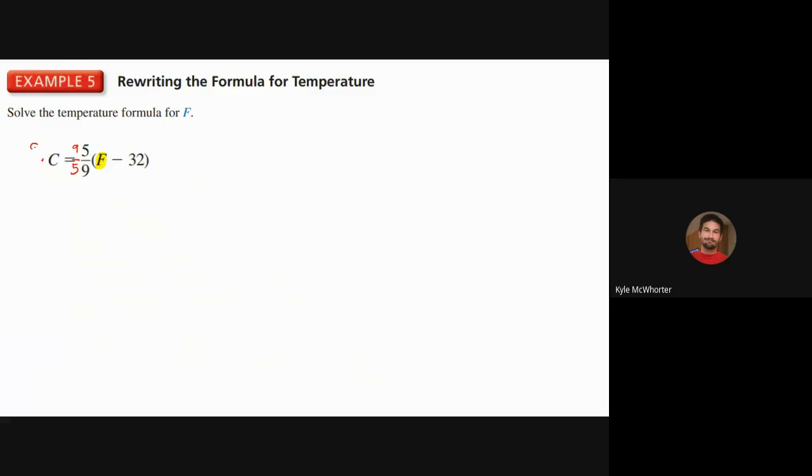So we're going to multiply both sides by 9/5. What ends up happening on the right side is you'll get 45/45, which is 1. And then 1 times F minus 32 is just F minus 32. So we get F minus 32 on this side, and on this side we get 9/5 times C.